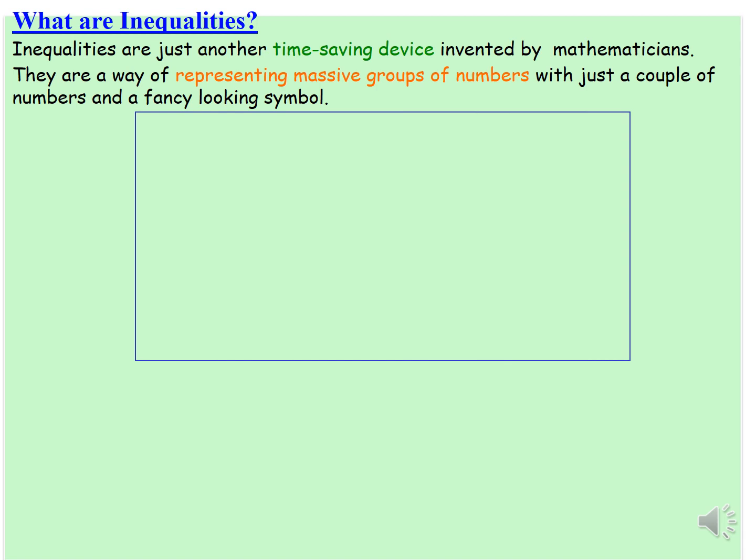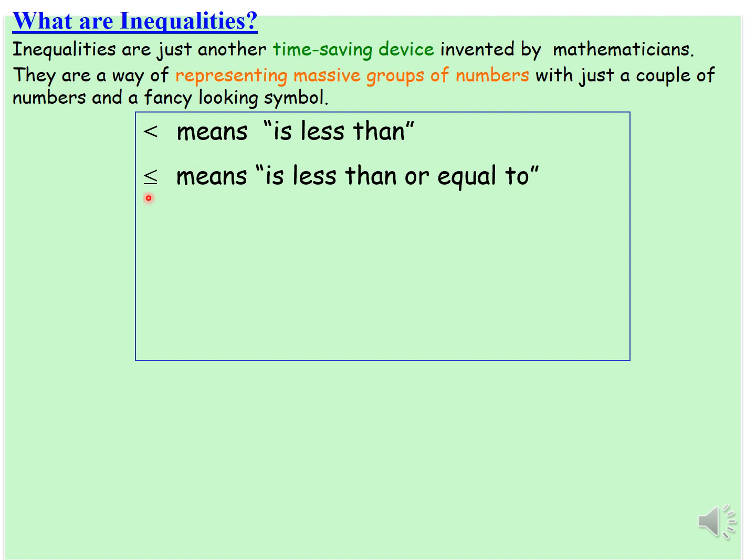There are a few symbols that we use in inequalities. The first one means less than. Remember, we always read from the left-hand side, so something less than something else. This one has got a little line, so whatever we write here is going to be less than or equal to whatever comes after it.